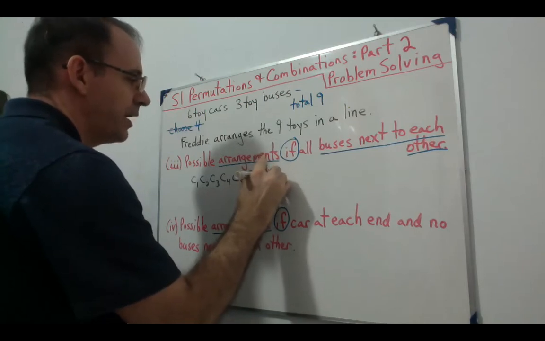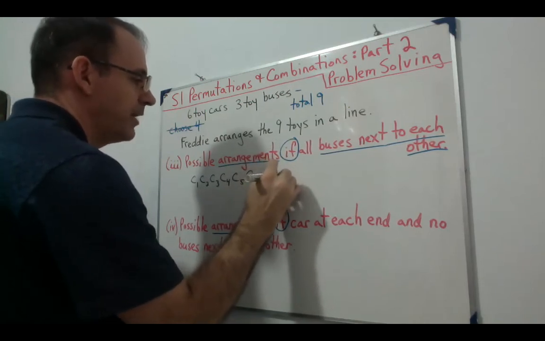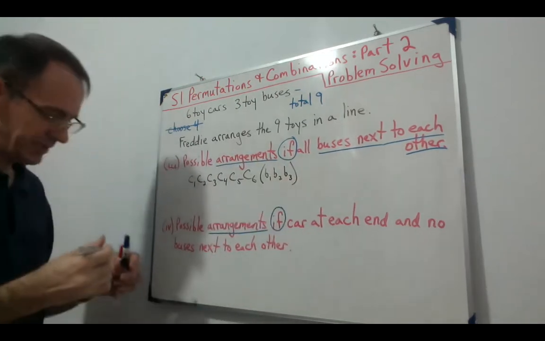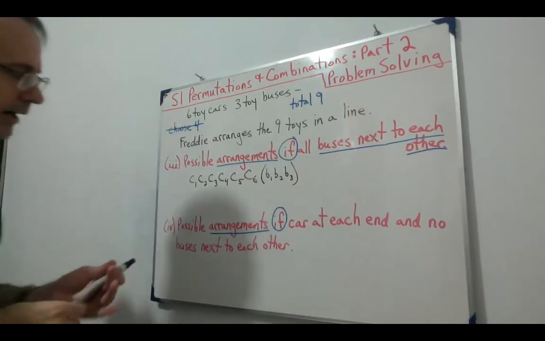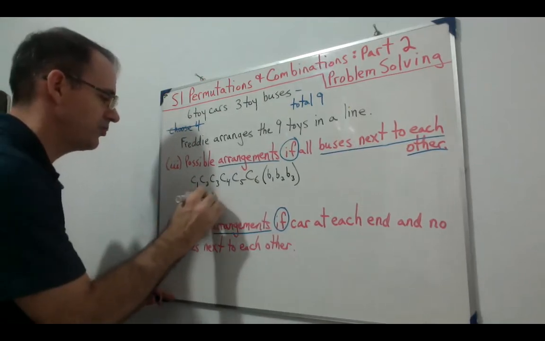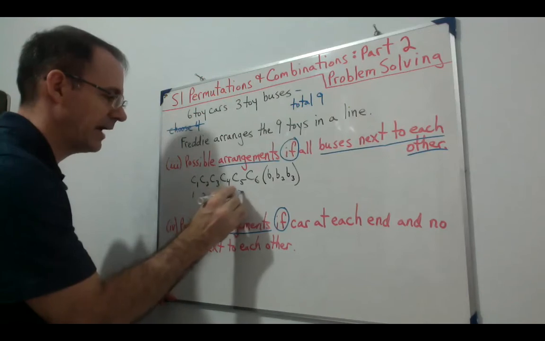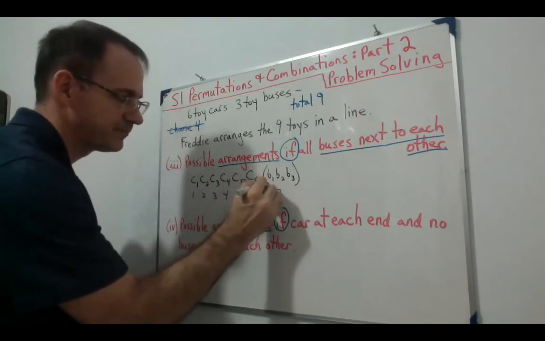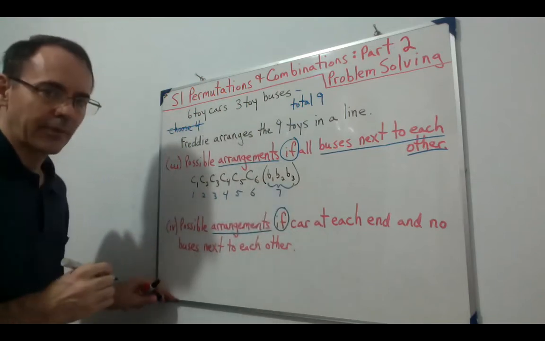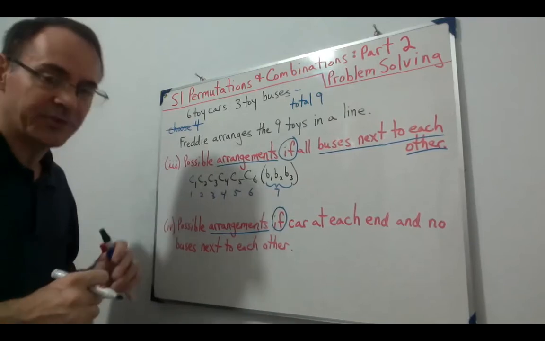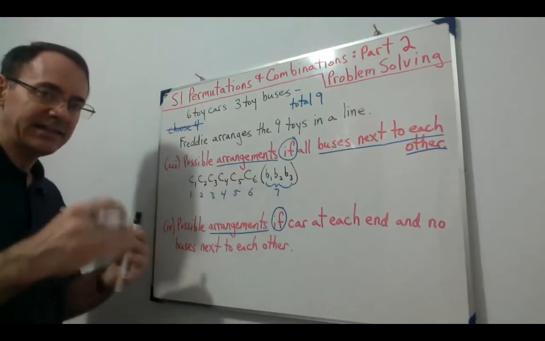So bus 1, bus 2, and bus 3 are in this group together. So if we are numbering these, this counts as 1, 2, 3, 4, 5, 6, and this group is 7. So there are 7 items or groups in this line that need arranging.